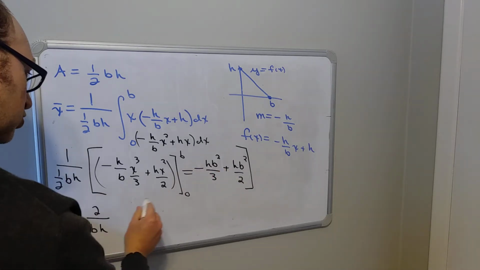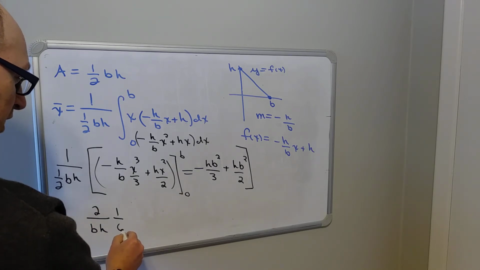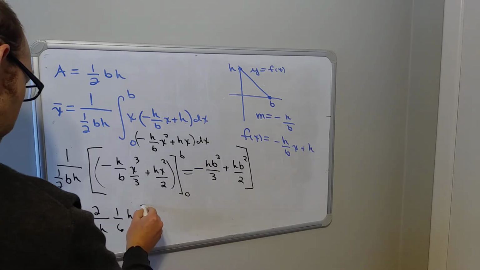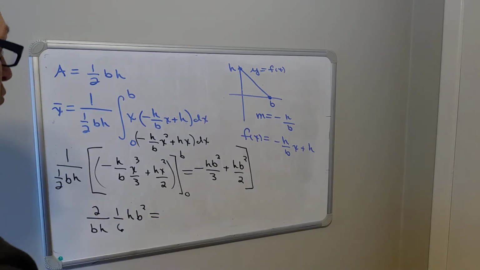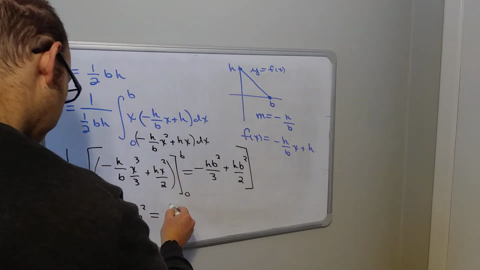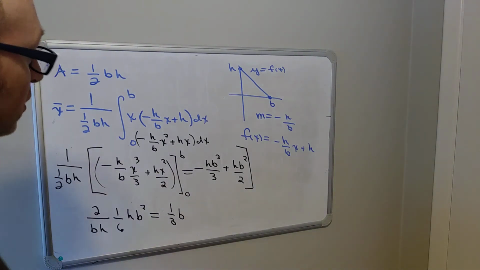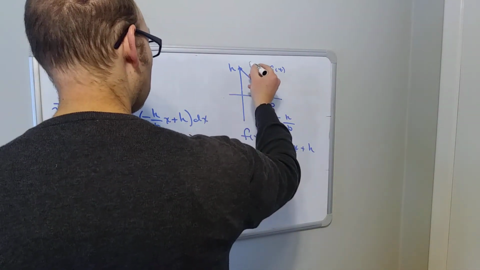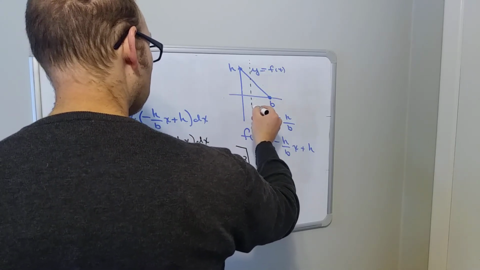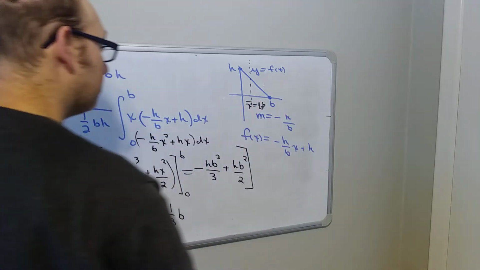And this simplifies to 1 over 6 hb squared, which simplifies to 1/3 b. Okay, 1/3 b. So x bar is somewhere along this line, 1/3 of the way.